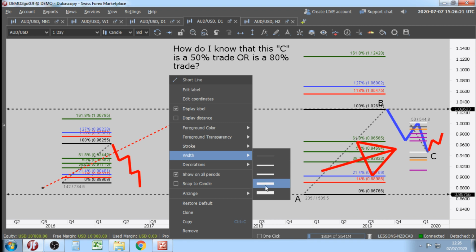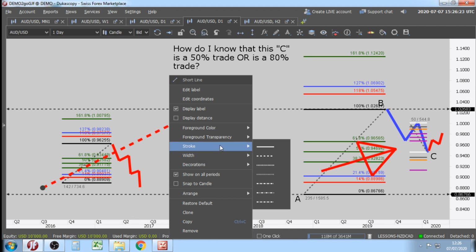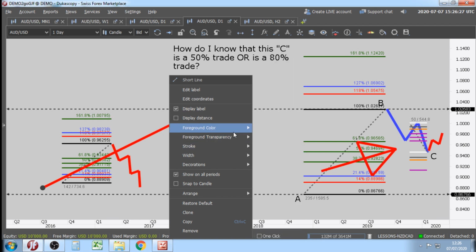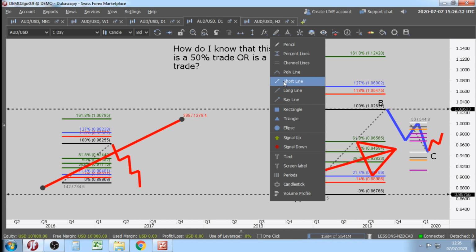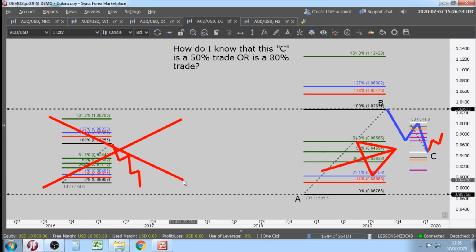Do you remember, everybody, we learned the rules of the Fibonacci? Until the market retraces and hits or breaks or touches the green, it goes to green. Until the market goes to the blue and touches or breaks the blue, the extension is the blue.